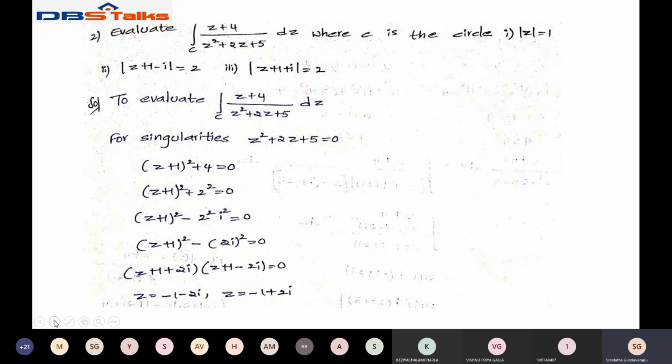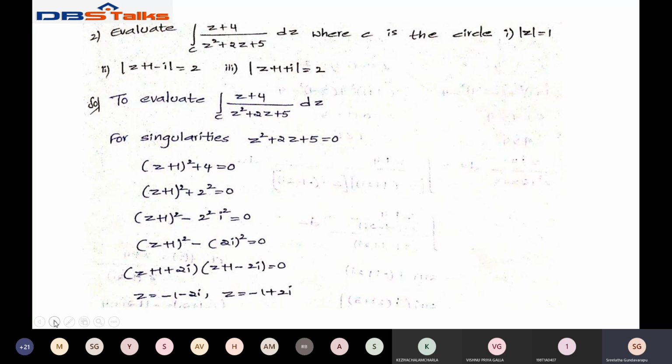First, to find singularities, let z square plus 2z plus 5 equal to 0. This equation can be changed into z square plus 2z plus 1 plus 4, since 5 is 1 plus 4. So that is z plus 1 whole square plus 4 equal to 0, that is z plus 1 whole square plus 2 square.